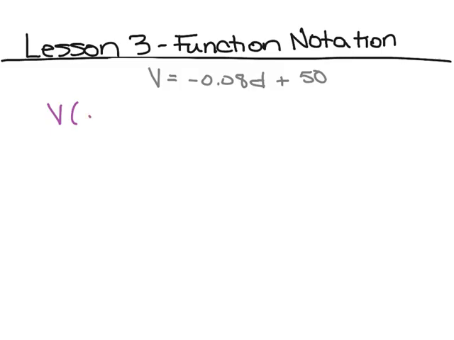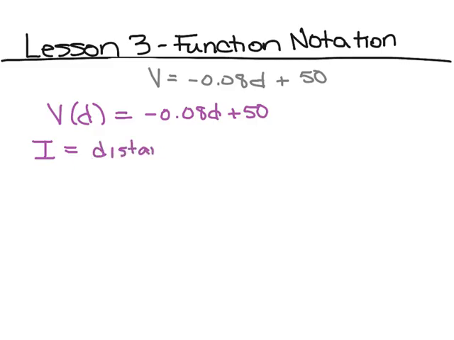So we have v of d is equal to negative 0.08d plus 50. Our independent variable is d inside the brackets, so it's distance. Our dependent variable is v, volume.